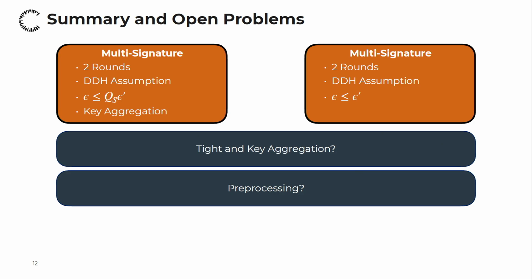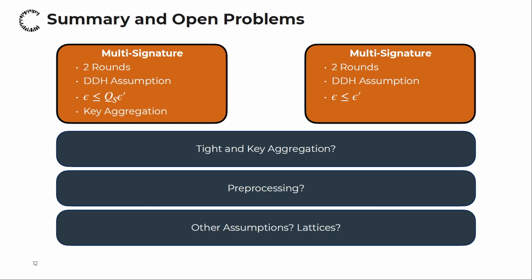The second open problem, I mentioned this pre-processing in the beginning, where all but the last message of the protocol is independent of the message that you want to sign. And actually in our protocols, you already need the message in the first step. So our protocols don't have this feature. Would be cool if you can have it and still have all the advantages of our protocols.